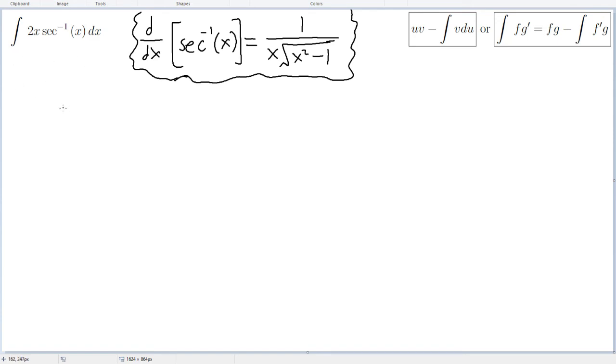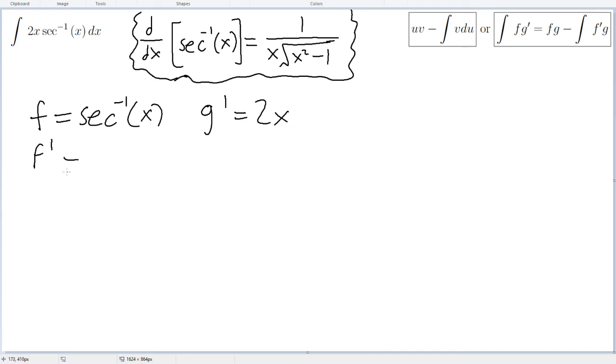So here, we're going to go ahead and derive our inverse. I want to derive the inverse of secant x, and I want to integrate 2x. Of course, we're given the derivative, which is 1 over x times the square root of x squared minus 1. And when we integrate 2x, this is just x squared. Cool. Let's form our integral.